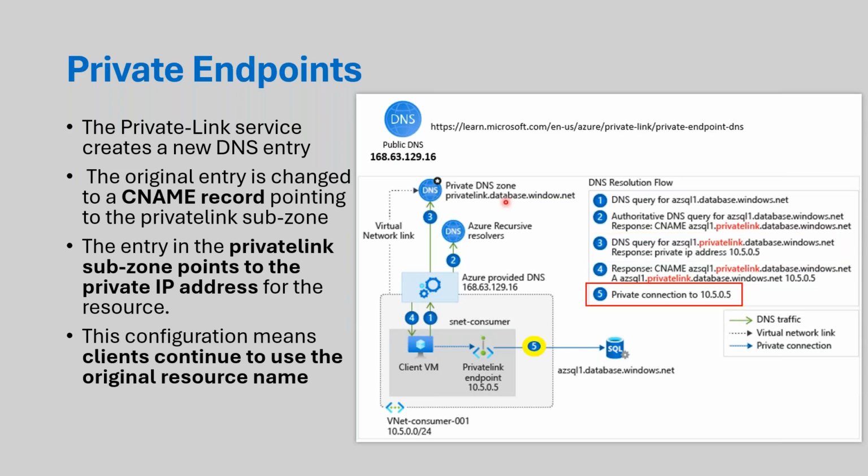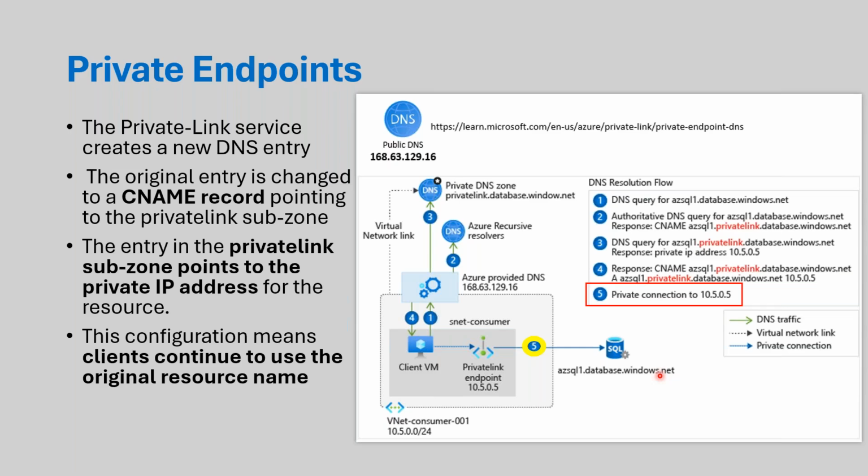So I'm making a connection to a service using its public IP and its public name, but it's never leaving Microsoft's world because I'm connecting to it through a service endpoint. It's looking at this virtual network service endpoint as its next hop, which is what you get when you create a service endpoint, and that's what keeps it on the Microsoft backbone and never hits the public network.